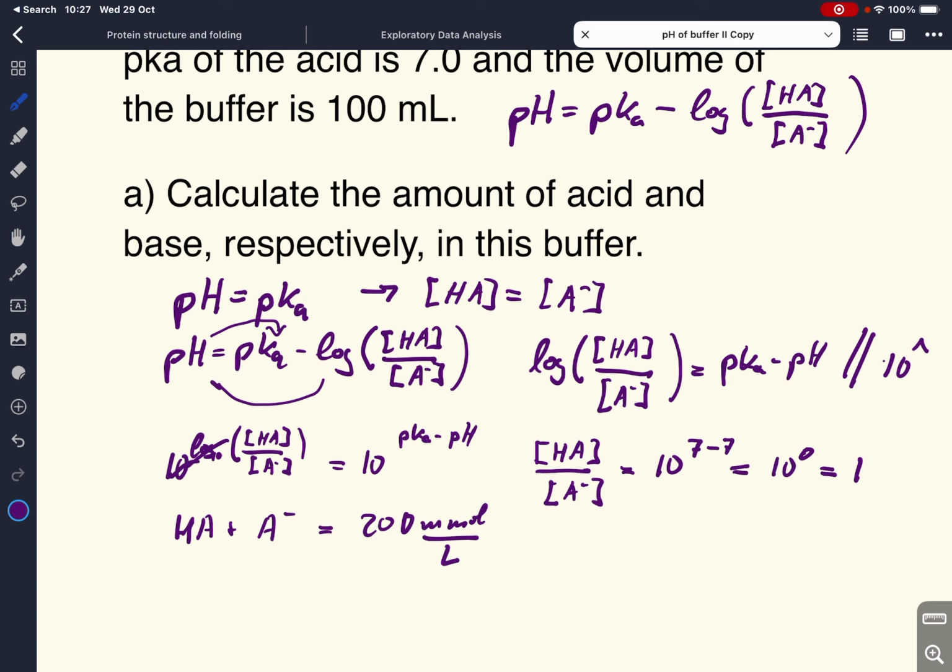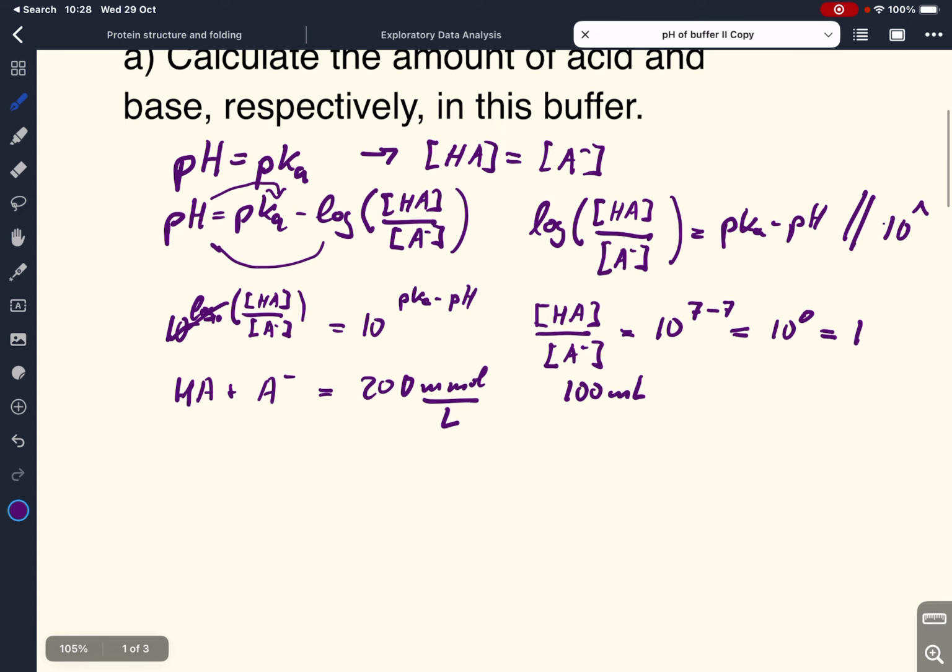That is what our buffer should be. And we can calculate now how many moles of acid and base we have, because we have this concentration, but we only have 100 milliliter.